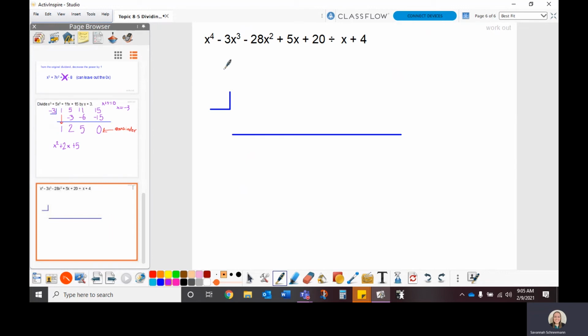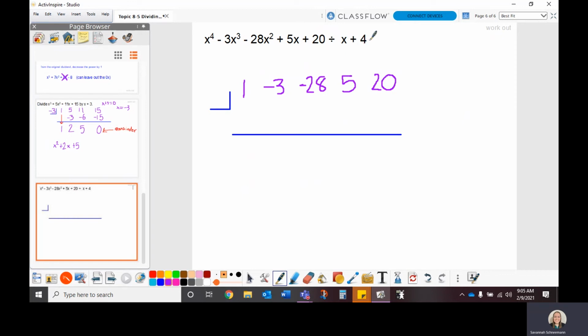We have x to the 4th minus 3x cubed minus 28x squared plus 5x plus 20. I see no gaps in power, so we don't need to fill in with any zeros. So I'm going to go ahead and put in my coefficients. So it's 1x to the 4th, negative 3x cubed, negative 28x squared, a positive 5x, and a positive 20.